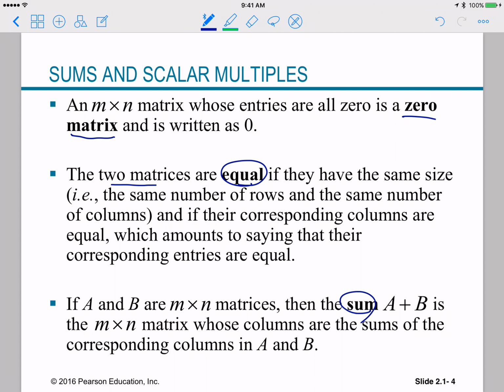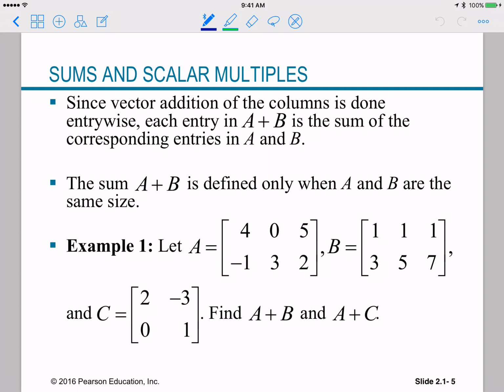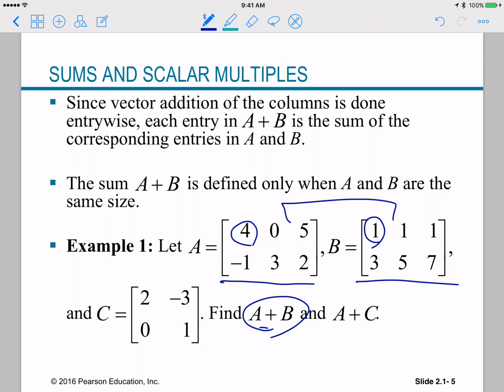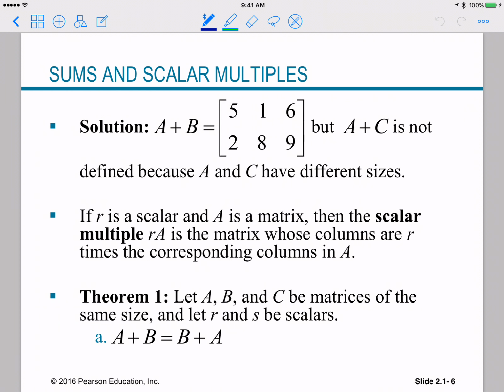Okay, then the summation of two matrices. We just do the summation element-wise. So if we think about the summation of these two, you can easily answer that. The resulting matrix will have 5 and 0, 1 and 6, right? Then the scalar multiple of the matrix A can be represented as this.